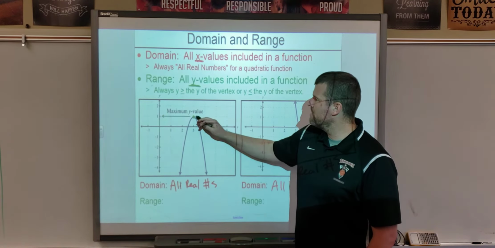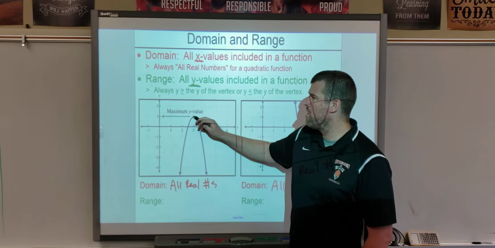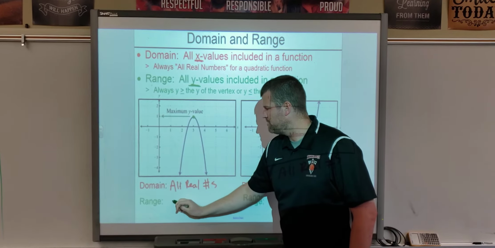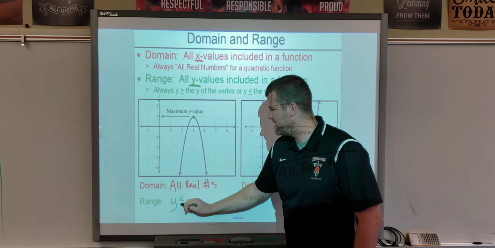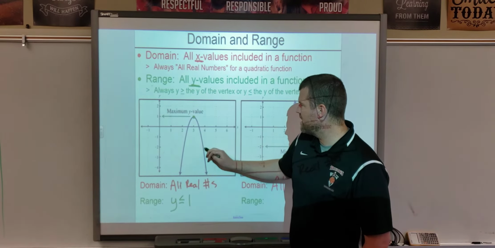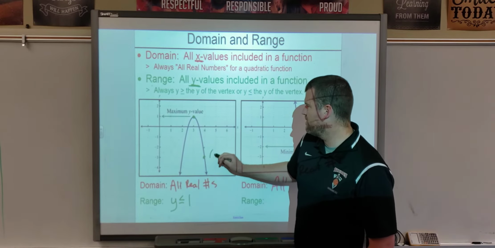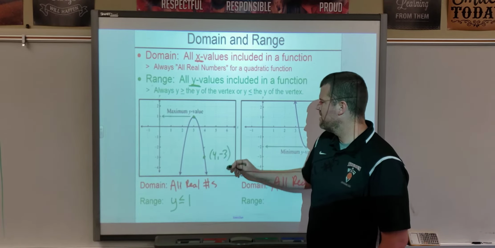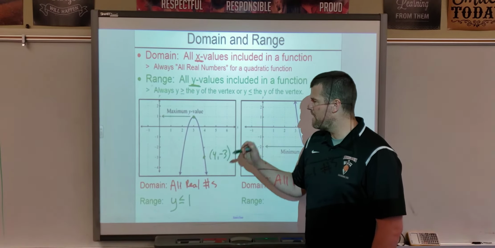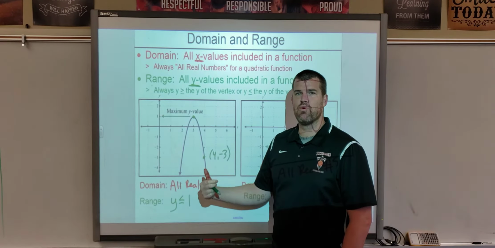So every point on this graph will have a y value that is 1 or below. So we write that as the range being y is less than or equal to 1. If I go right here, this is the point 4, -3. That y value is less than or equal to 1. No matter where I go, it's going to be a number that is 1 or below.